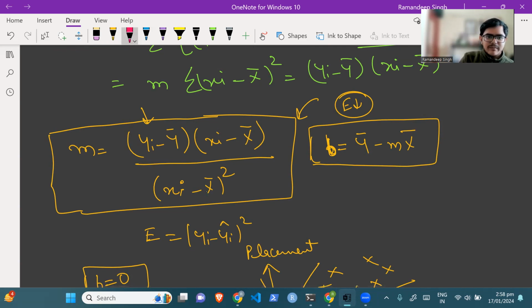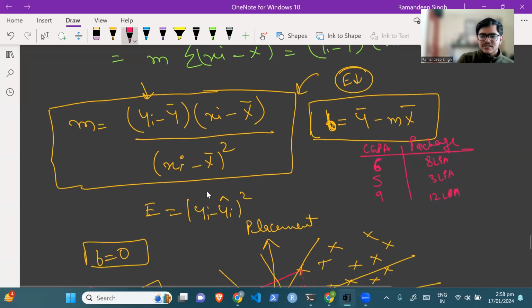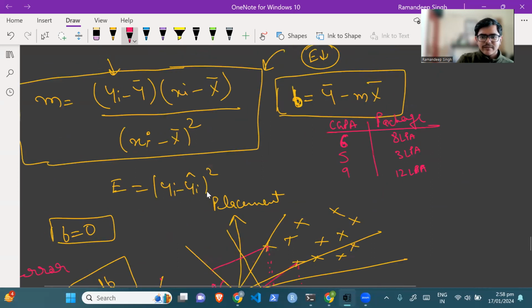What that means is, if I have CGPA and I have my package: if my CGPA is 6, my package is 8 LPA. If my CGPA is 5, my package is 3 LPA. If my CGPA is 9, my package is 12 LPA. So we will see how m is calculated.